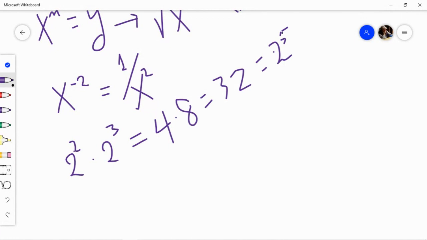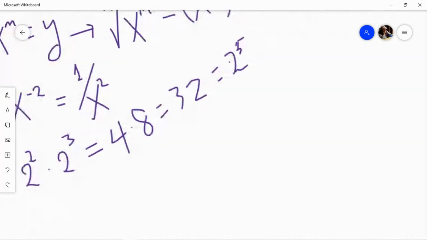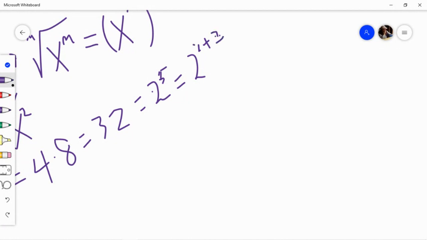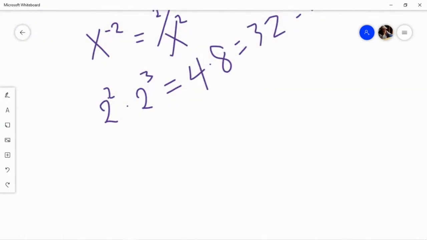So that is exactly 2 to the 2nd power plus the 3rd power. It's not a very difficult thing. It didn't come out of nowhere.